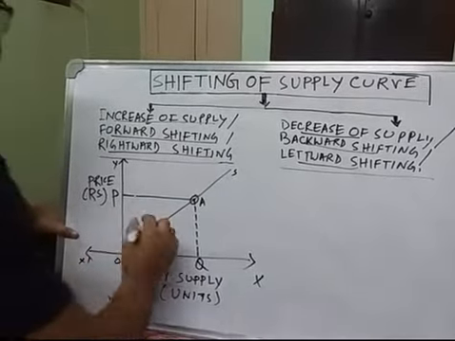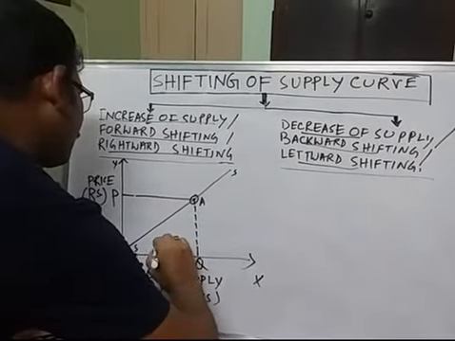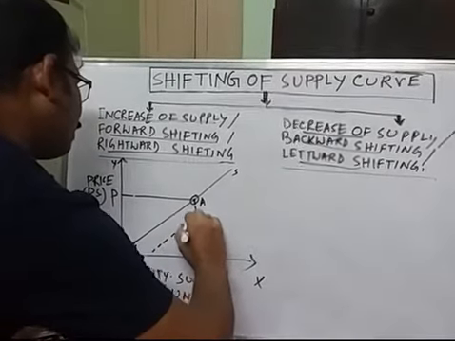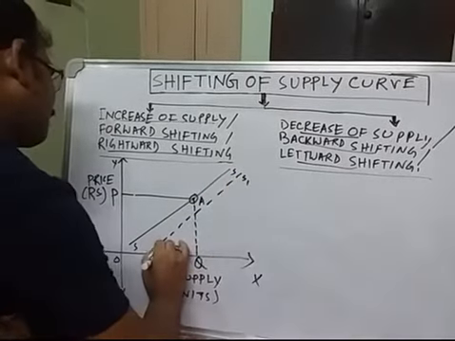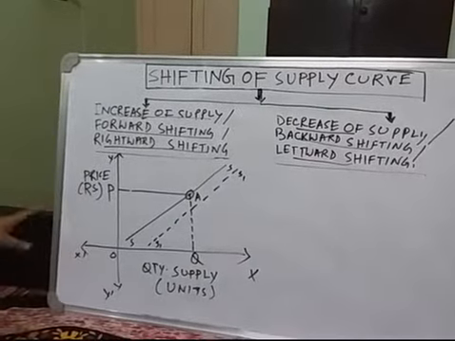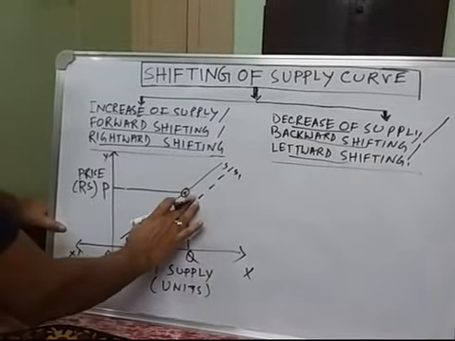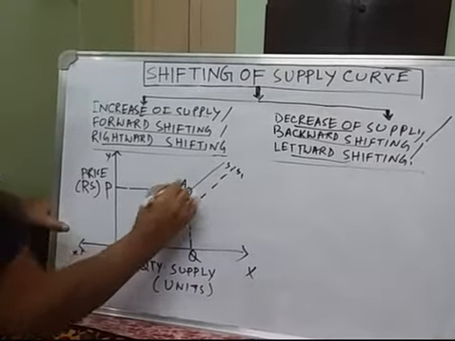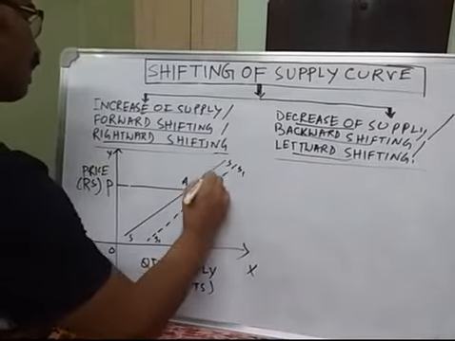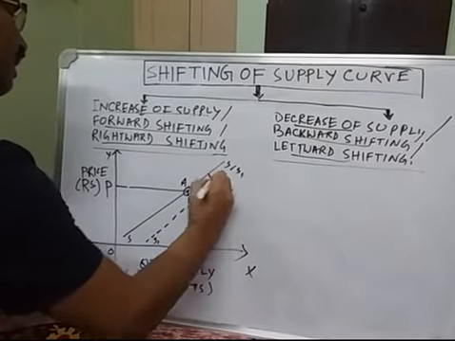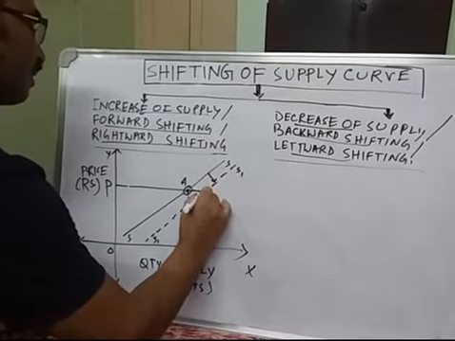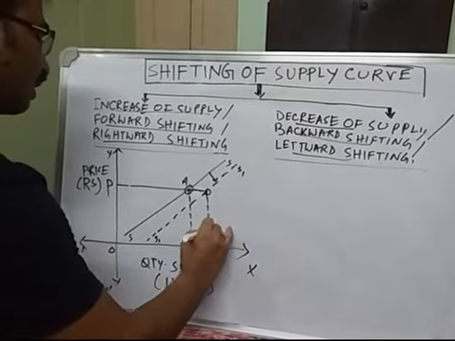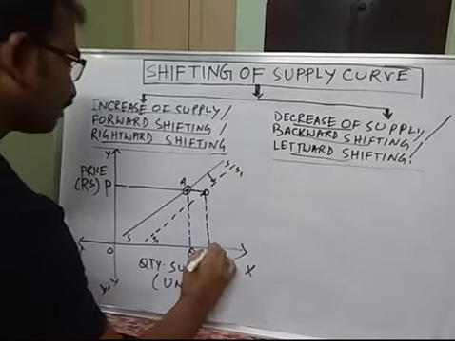If the supply curve shifts to the right side, then see what is happening. The new supply curve arises, and the new supply curve is S1 S1. This is the dotted curve. So when the supply curve shifts to the right side, the quantity supplied to the market is increasing.